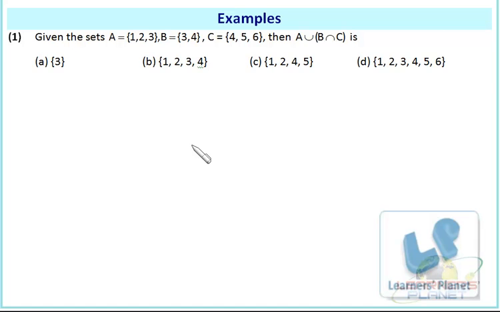Now in the last session we discussed intersection and union of sets. So based on the same concept we'll solve some of the problems.